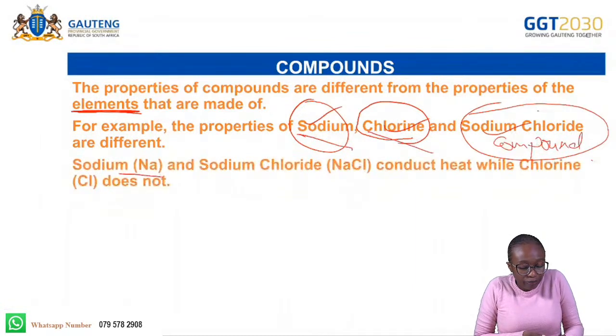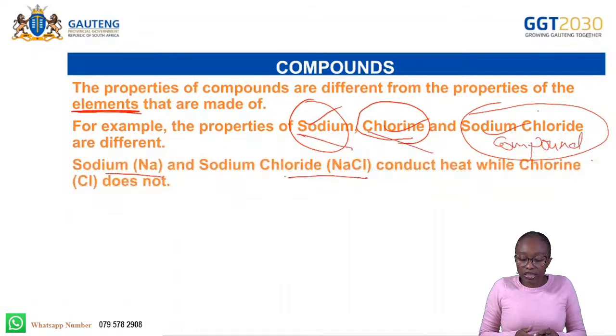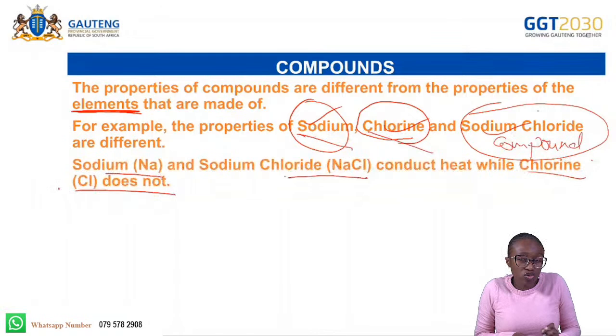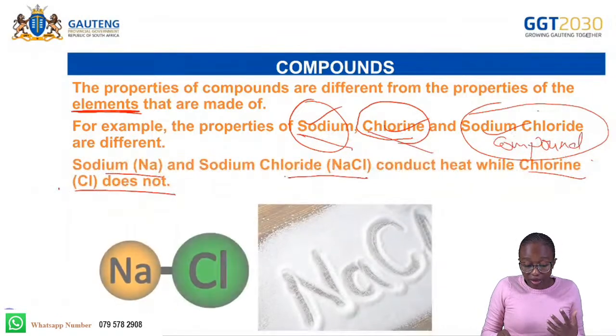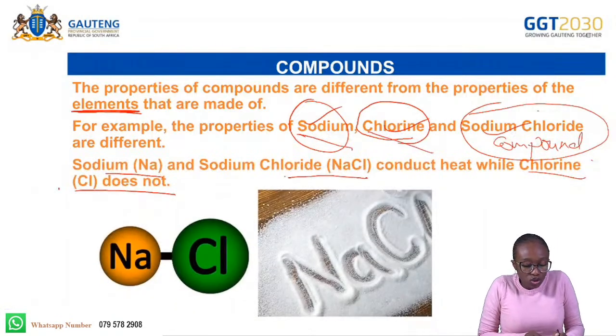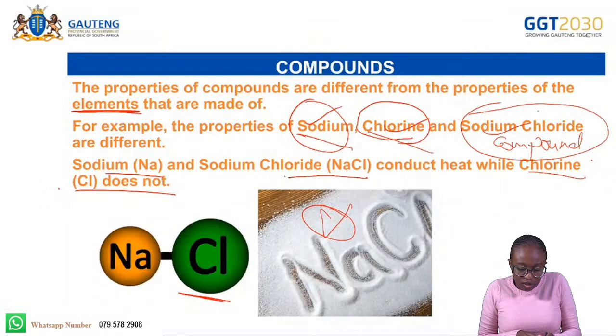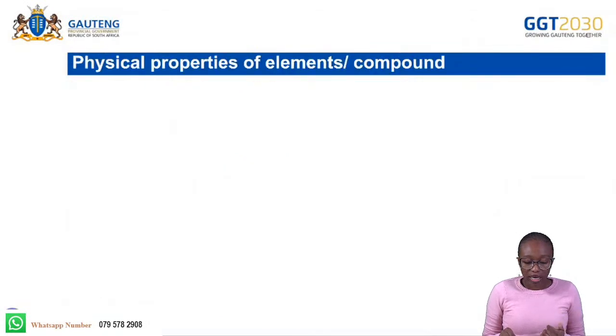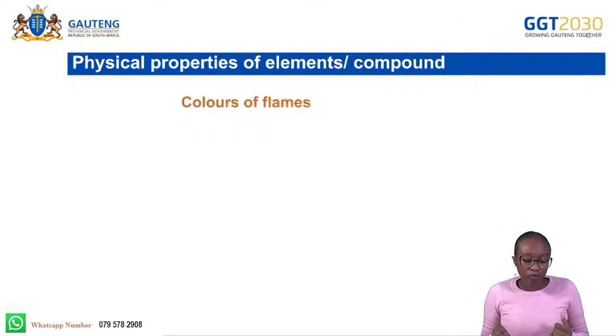So sodium and sodium chloride, they both conduct heat, which is a physical property, right? Whereas chlorine does not. You see the differences. There are other differences as well. Chlorine in its natural form doesn't look like this white powder that was seen there when you physically look at it. There are other properties as well.